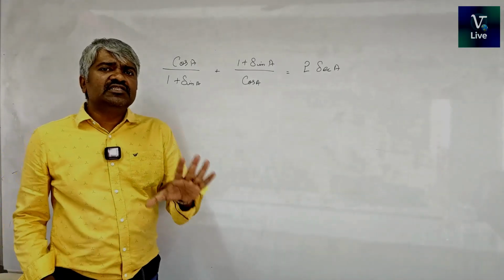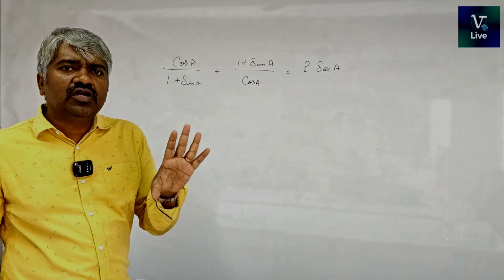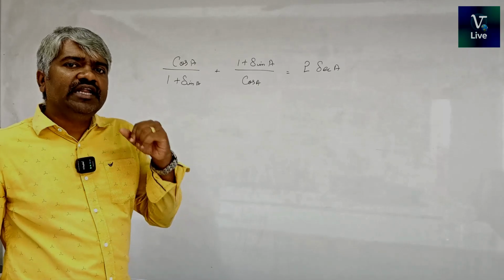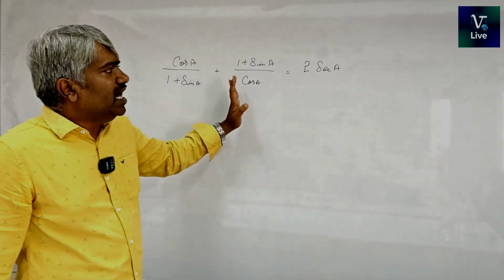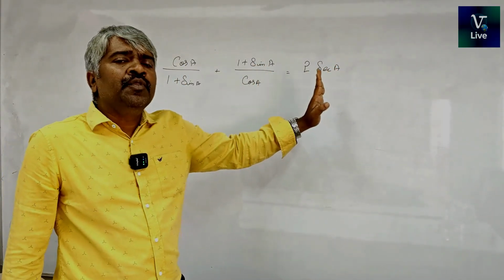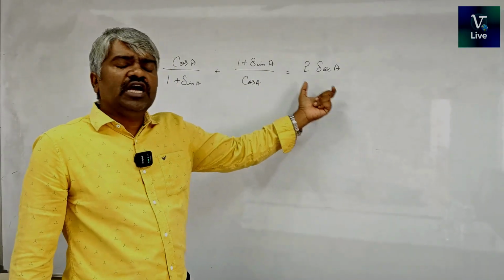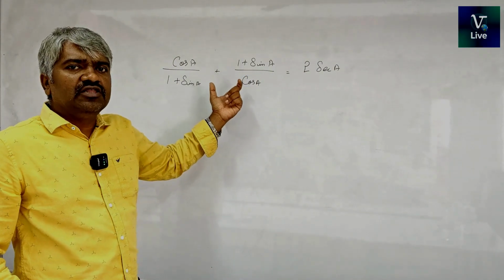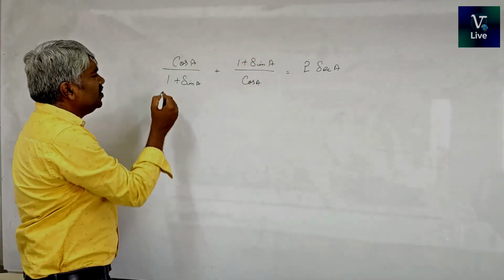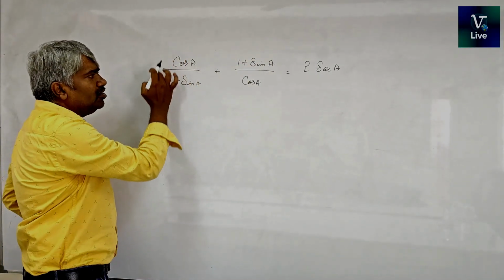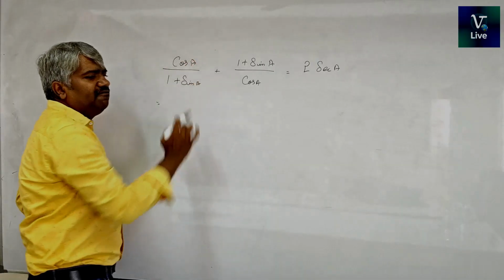There is no compulsion that you should solve the left side. You can solve the left side and bring the answer to the right hand side, or you can solve the right side and bring it to the answer on the left side, right? So first we are going to solve the left hand side.